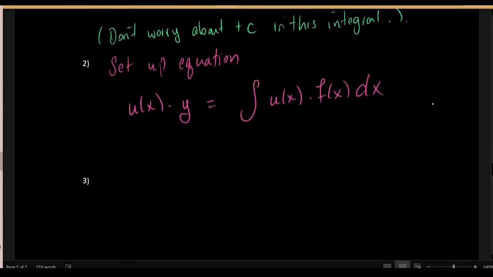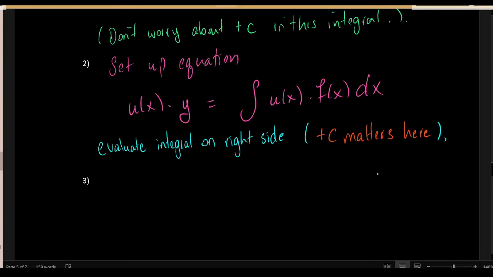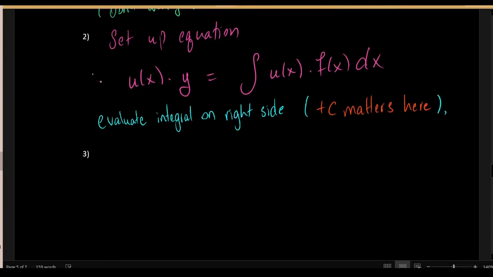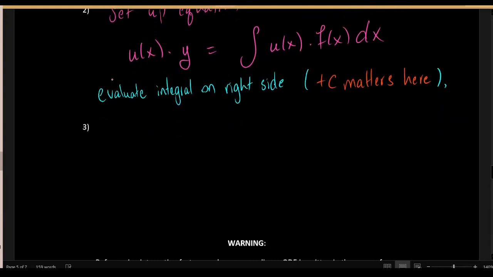Once you've set up this equation, you're going to want to go ahead and evaluate this integral on the right side. And this is the moment where plus c actually will matter. Finally, once that's done, the only thing that you need to do to actually find y is to divide both sides of the equation by the u of x on the left side in order to get rid of it.